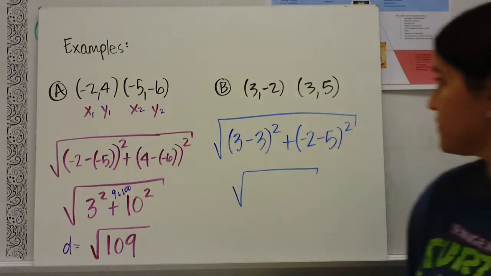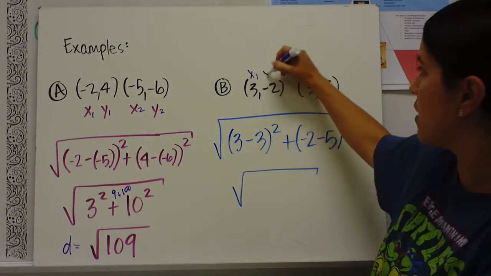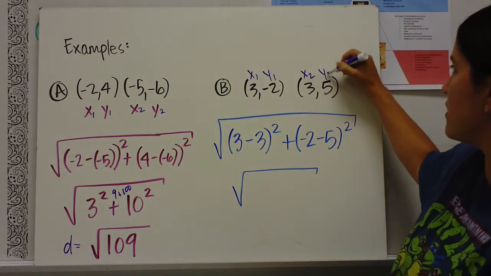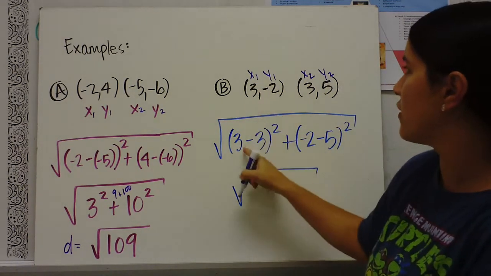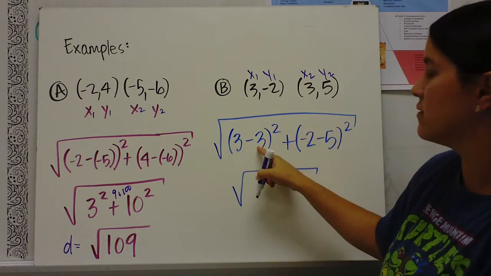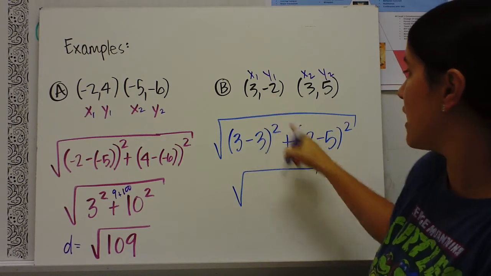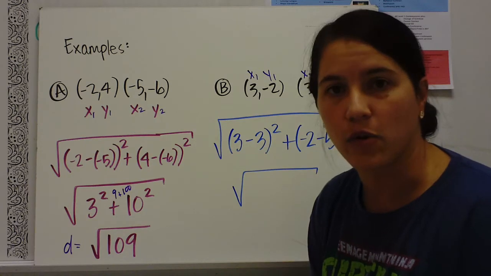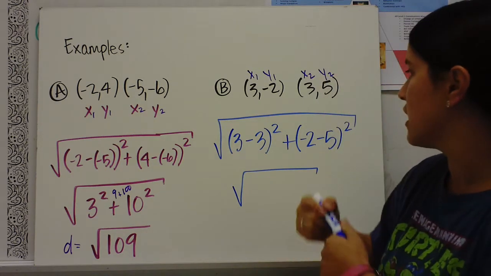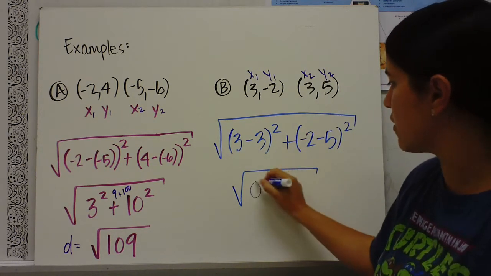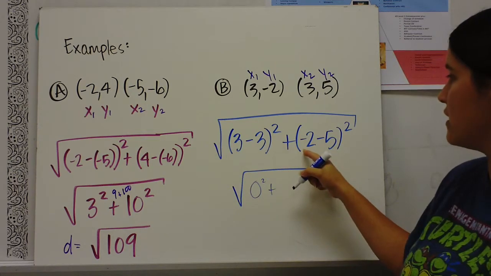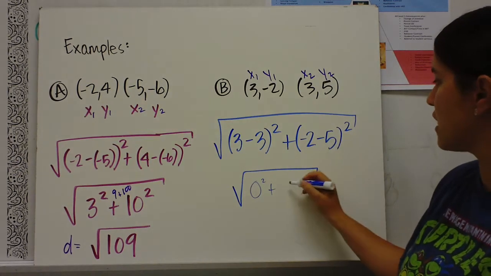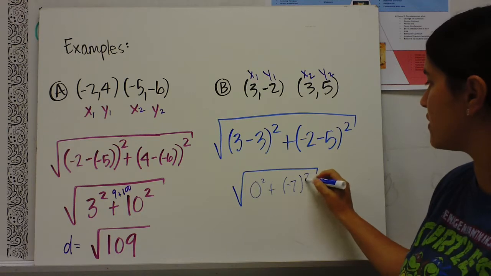Number 2, I have x1, y1, x2, y2. So I've put in 3 minus 3, and then negative 2 minus 5. From here, I'm going to subtract. 3 minus 3 is 0, and negative 2 minus negative 5 is negative 7 squared.